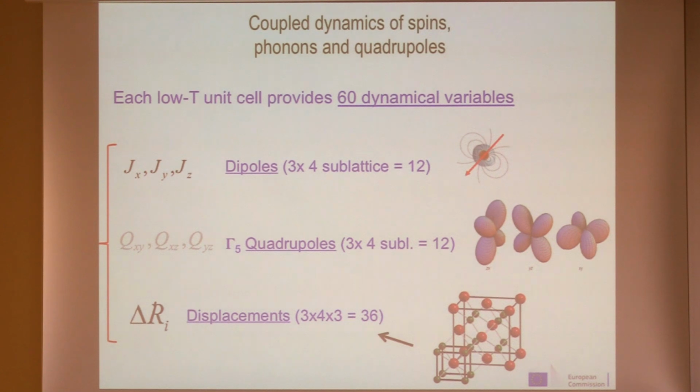Okay, so if you want to study the coupled dynamics of the system, it's nothing special. It's only technically complicated because you have 60 dynamical variables to take into consideration simultaneously. We have 12 dipoles, 3 for each of the 4 sublattices, 12 quadrupoles, and 36 atomic displacements.